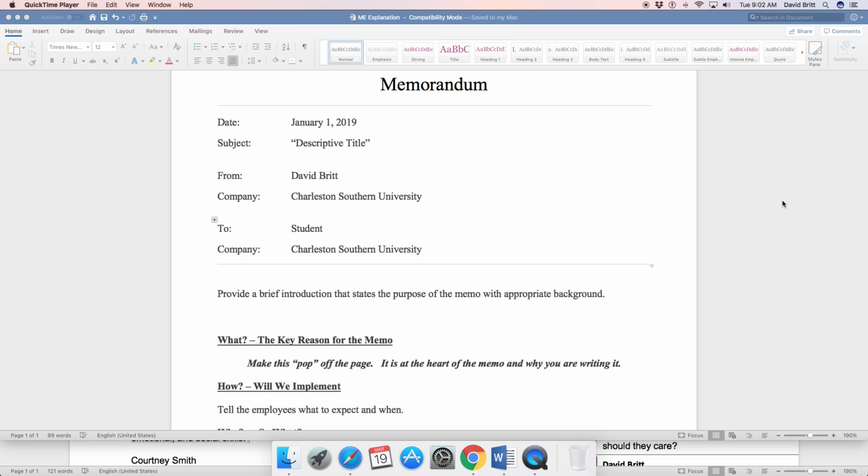I talked about this a little bit on your papers, but I wanted to give you a model you could follow regardless of what the memo is going to be about. Now, coming up in a future lesson, you're going to talk about Ken Blanchard's 1 Minute Manager, and some of you may have read that book before. I think it's a great book.